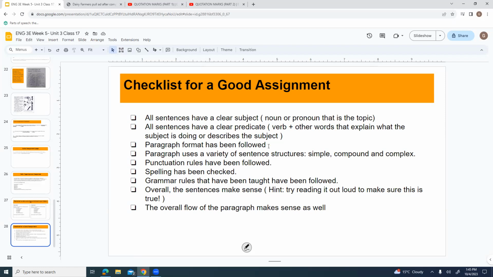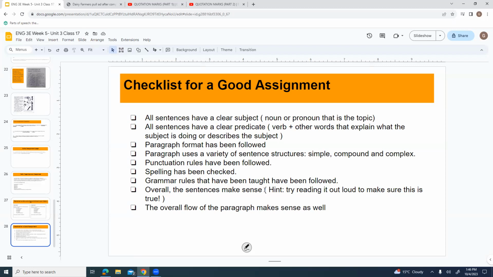Paragraph format has been followed. Your paragraph uses a variety of sentence structures: simple, compound, complex. Punctuation rules have been followed. Spelling has been checked. Grammar rules that have been taught have been followed. We've talked about a lot of different grammar rules over the last few weeks.